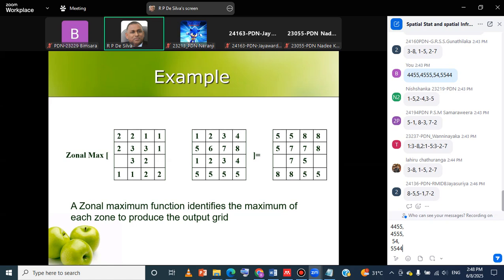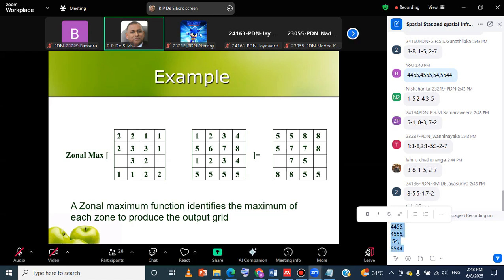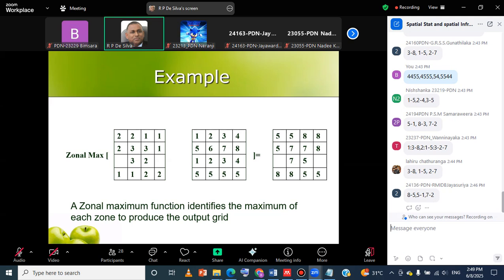Right? So when you analyze the spatial data, when you have a narrow range of values for the zonal range, you give those areas as more or less homogeneous zones compared to the zones which are having very high values, which are called heterogeneous zones.